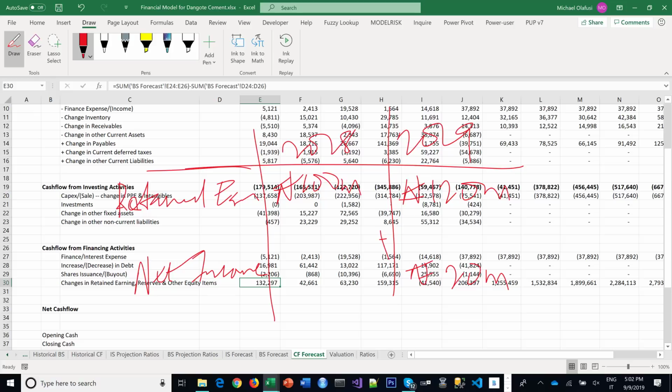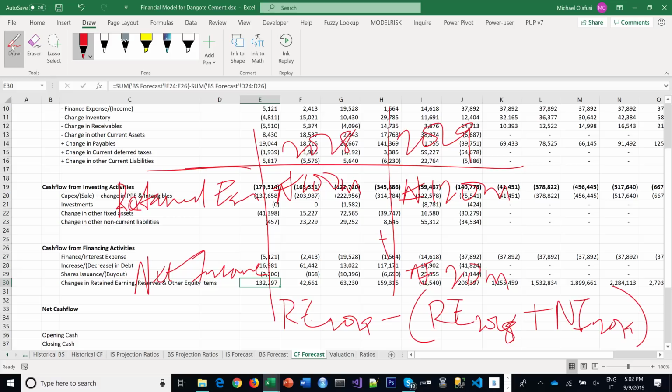So the formula will be: retained earnings this year minus retained earnings last year plus net profits, net income this year. So that's how you will be able to take out if there is anything you've had to settle from your retained earnings, or you got some money that got added to your retained earnings.